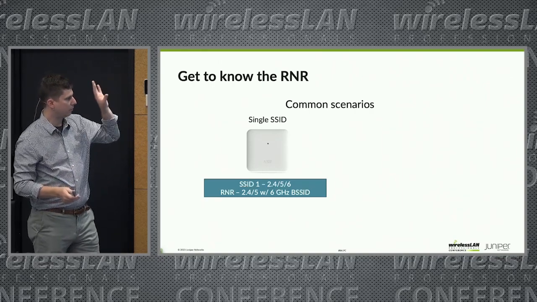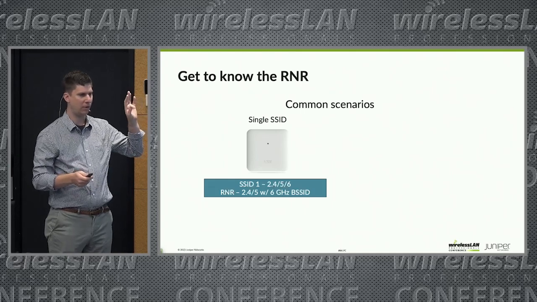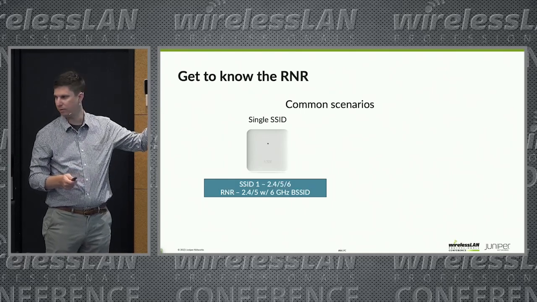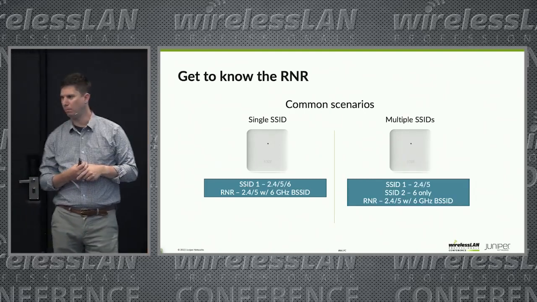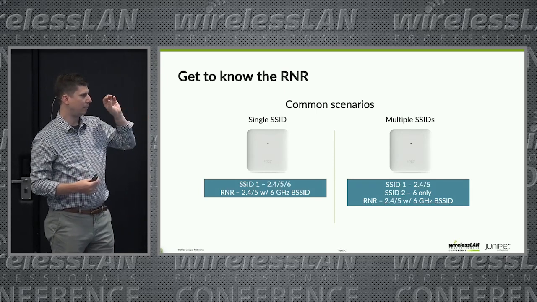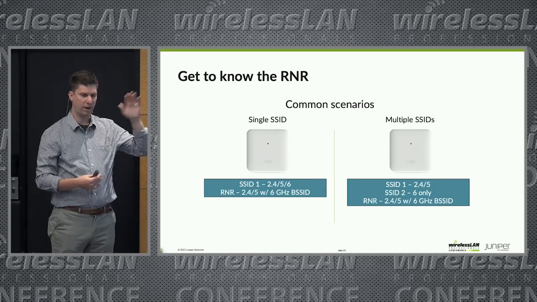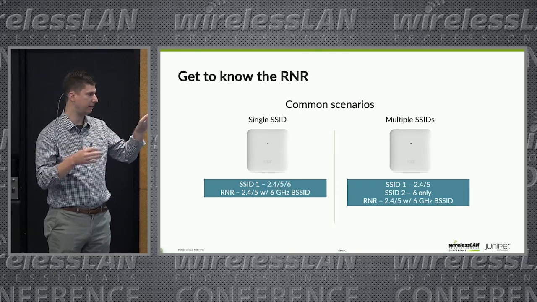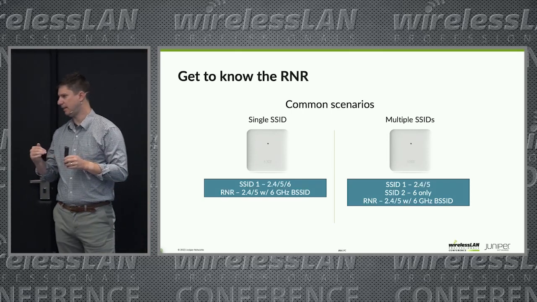And so this is kind of the most simple example of how an RNR is used, and I think pretty much any vendor will do this. Another scenario would be if you had multiple SSIDs. So let's say my first SSID I have as 2.4 or 5, or no 6 gig on it, and then I have a 6 gigahertz only second SSID.